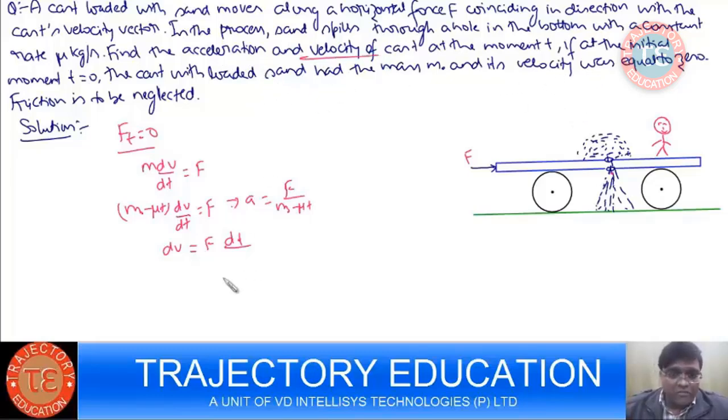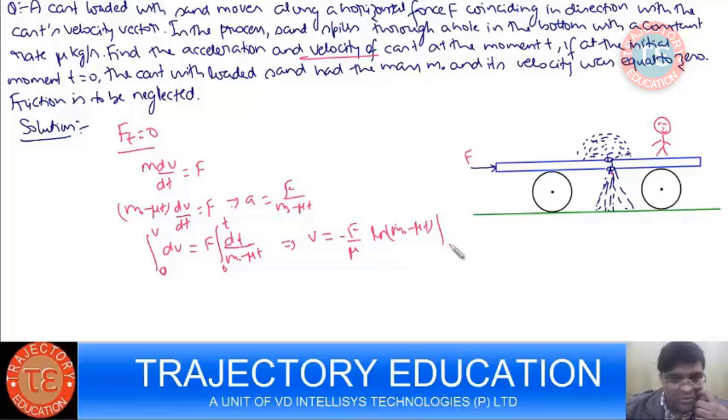We have to find velocity. So velocity we can find out from dV equals F dt upon m naught minus mu t. So I can integrate, right? At t equal to 0, v is 0, and at t equal to t, the velocity is v. So this becomes v equals F upon minus mu log of m naught minus mu t, from 0 to t.